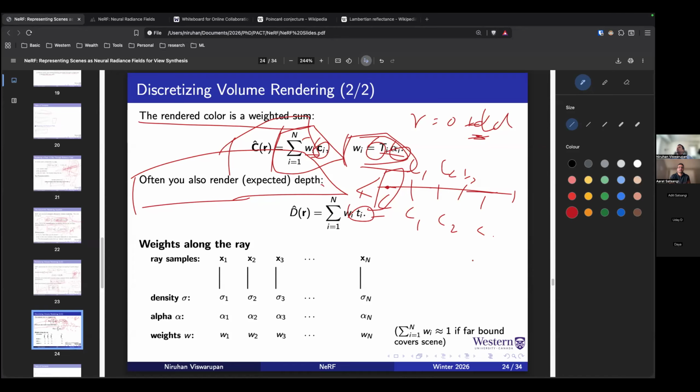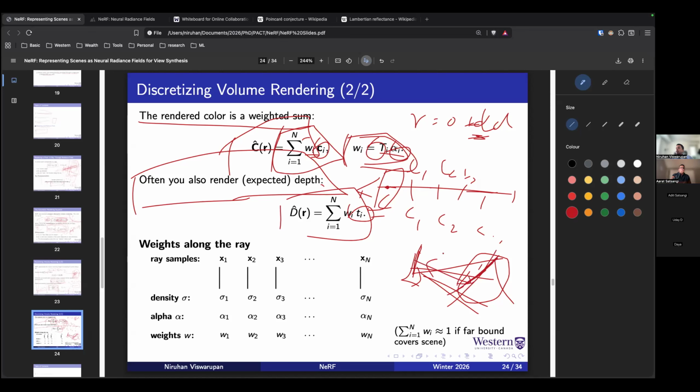That means, if there is a scene with, say, a mountain here, and you look at it from here, you take rays and render the depth, then in expectation it gives you the distance between the image plane and the hard surface that the ray is terminating at.